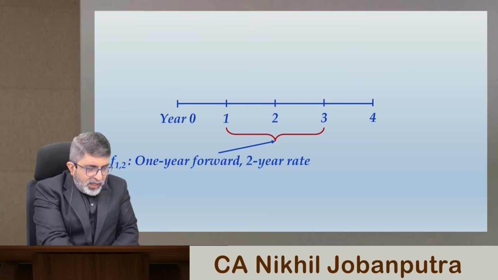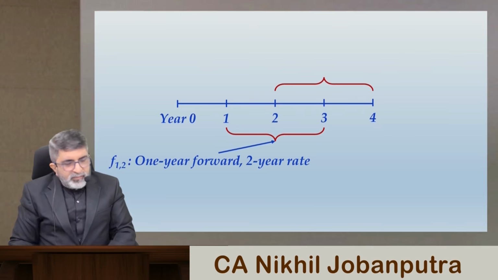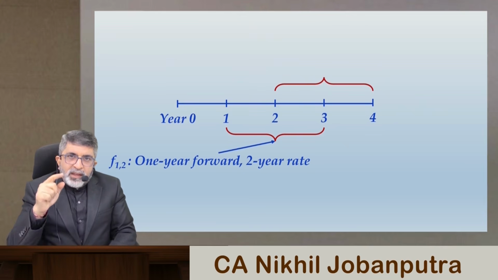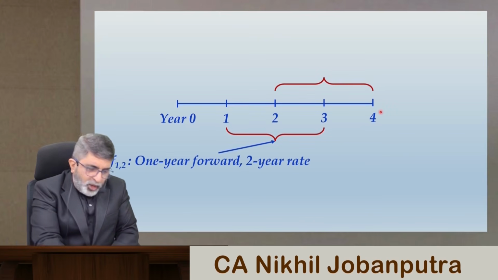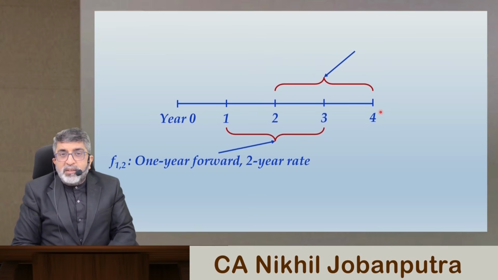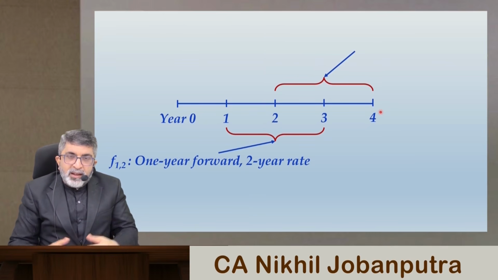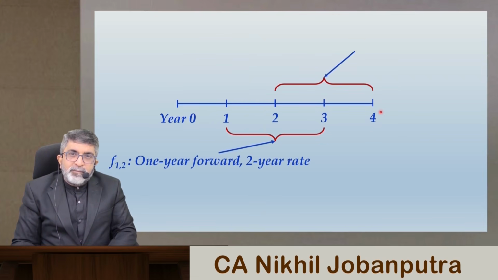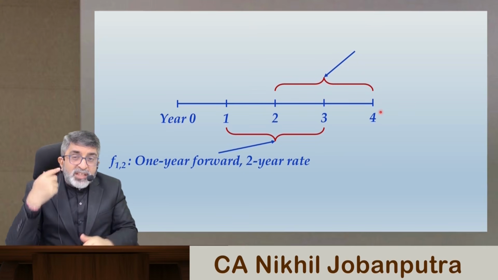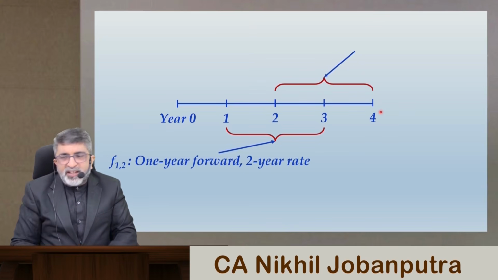Let me ask you one question. If this is the period of borrowing which starts at second year and ends at fourth year, symbolically, how would you name it? If you are just watching this recorded video, before I display the answer, think over it and keep your answer ready.